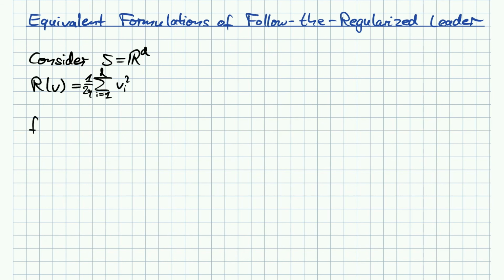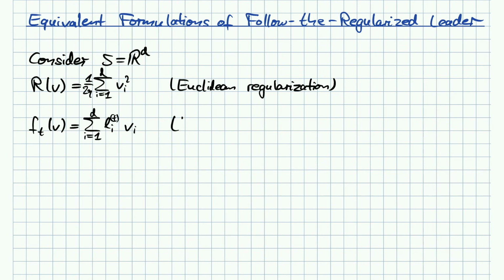so this is Euclidean regularization, and I want these functions f to be linear. Then what does our algorithm tell us to do?